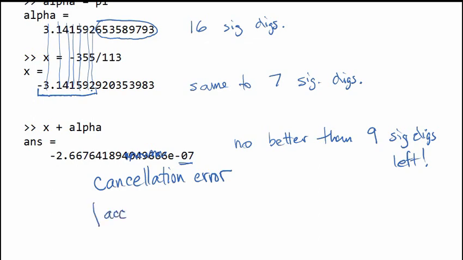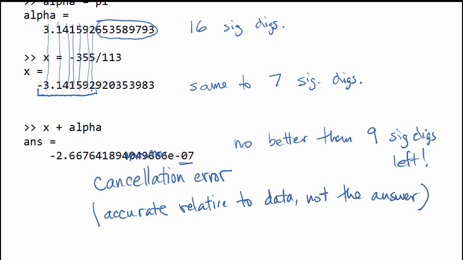So accurate relative to the data, but not to the answer. And cancellation is bad news. We want to avoid it whenever possible. And what we're going to do next is talk about the difference between cases where it's unavoidable and cases where it's avoidable.